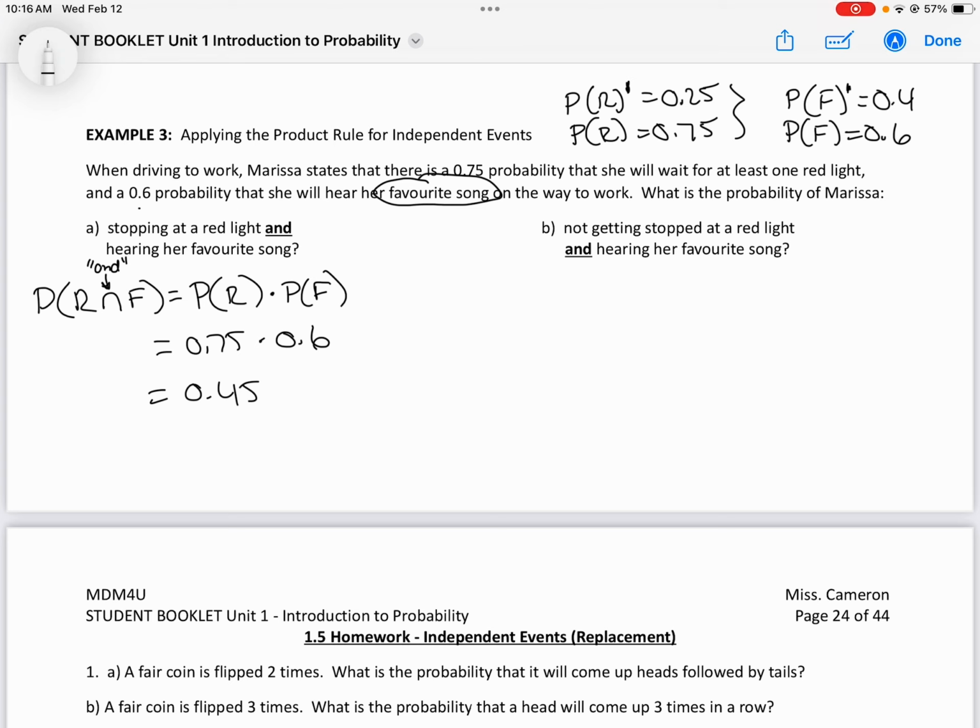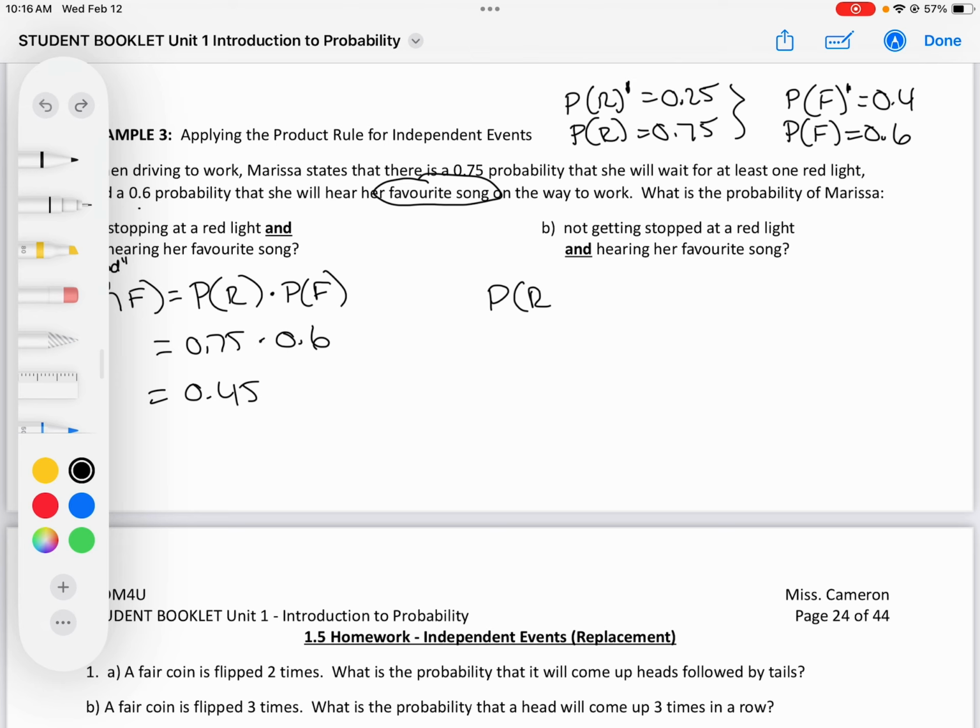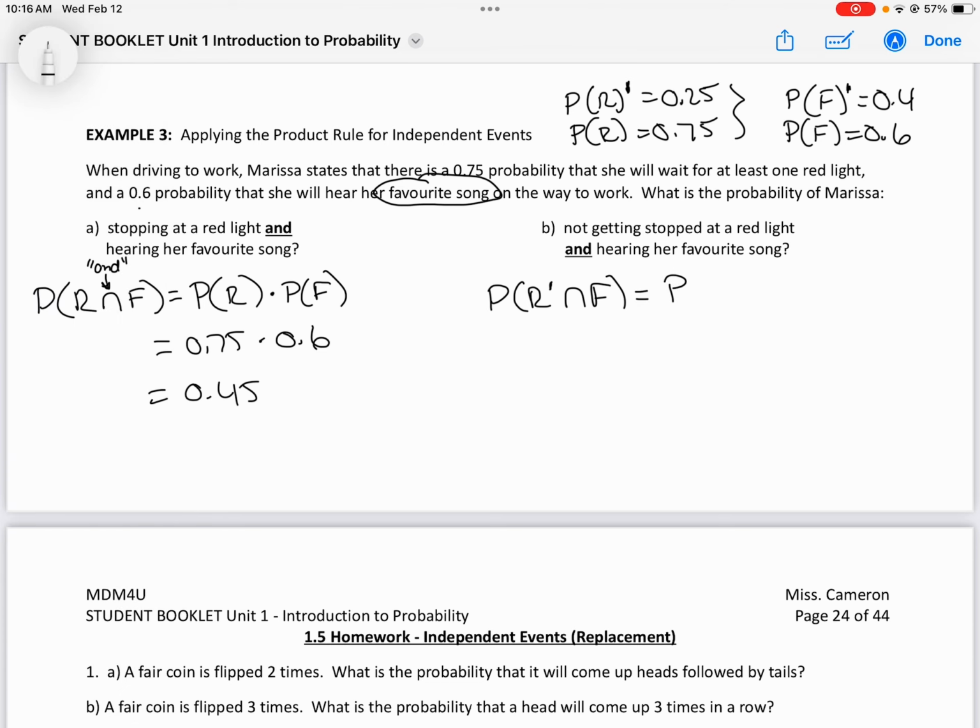Okay. And what is the probability of Marissa not getting stopped at a red light? So red complement. Oh, I want to put these together for notation. And hearing her favorite song. So what we're going to do is probability of red complement times probability of her favorite song.